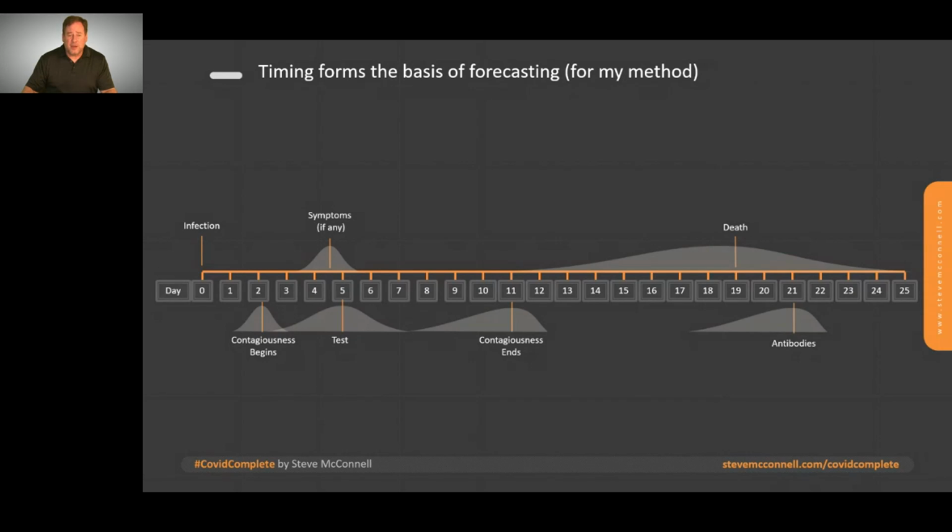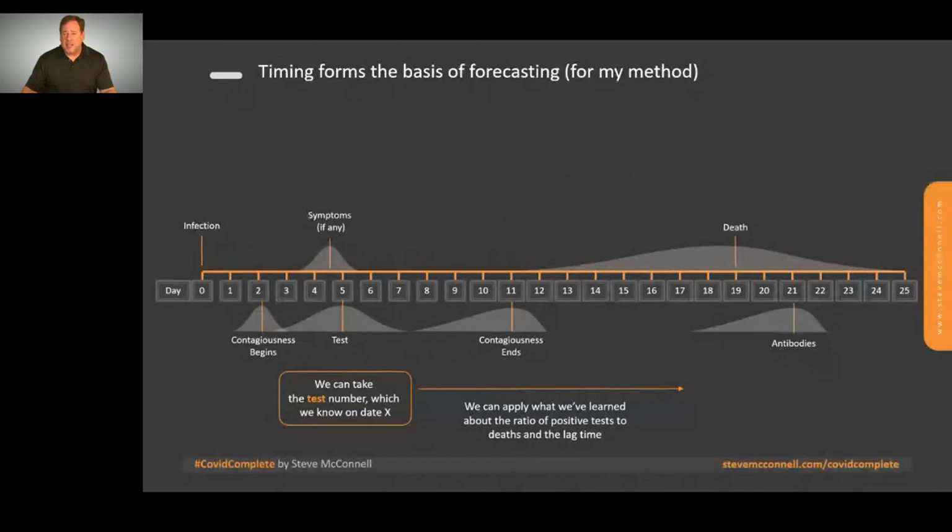If I know the number of tests as of a particular date, the number of positive tests, how long there is between positive tests and the time that someone dies from the disease, and how many people tend to die versus how many people test positive, then I can accurately predict the number of deaths 14 to 21 days in advance.